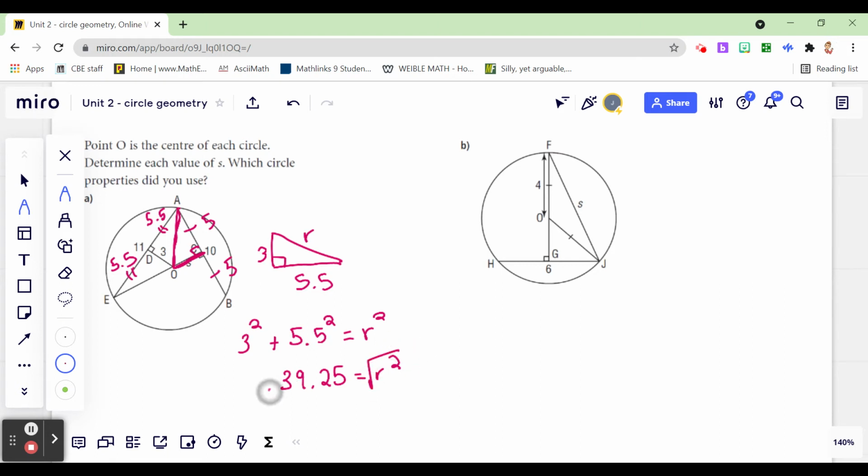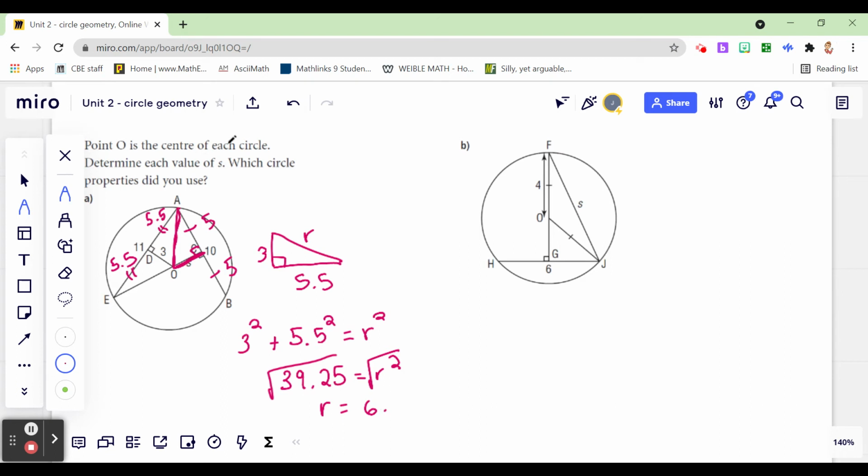So square root both sides. Then r is equal to the square root of 39.25, which is 6 point. Now I'm going to have to use decimals here, otherwise I'd have to leave it in this form.